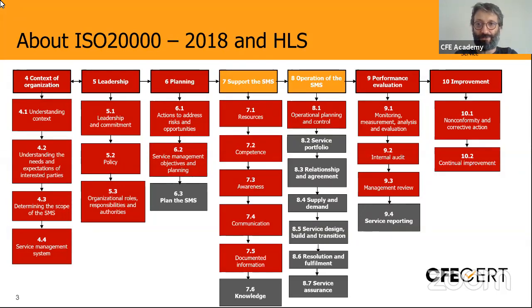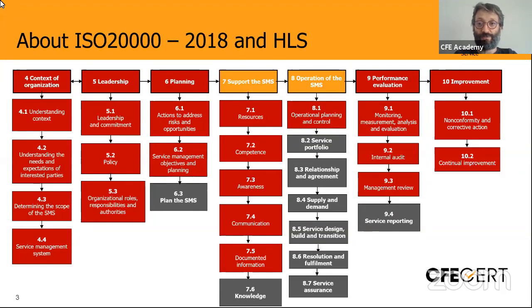But the difference of SMS, the difference of 20000, is that there is no freedom or choice for companies about how to handle the risks. The 20000 version 2018 says that if you have a risk, you have to handle it with the exact processes I'm defining right now in Article 8.